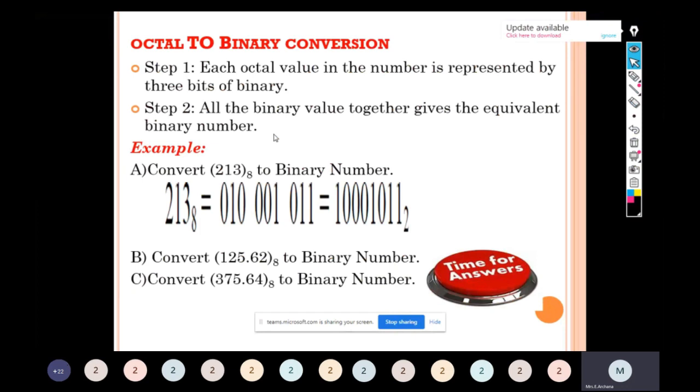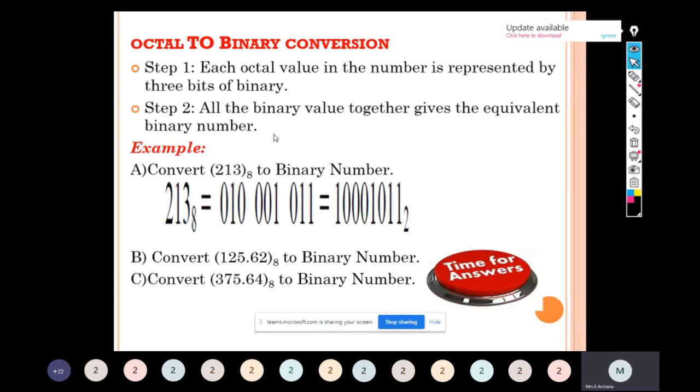So octal to binary, they will give us an octal number. We are going to convert that number into binary number. So it's very simple. For example, each octal value in the number is represented by 3 bits of binary, and in step 2, all the binary values together give the equivalent binary number.